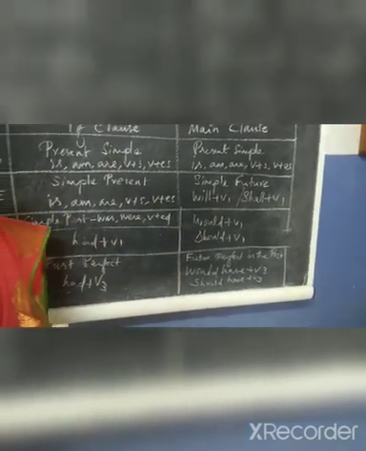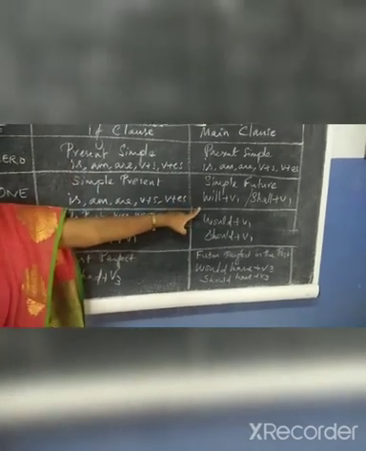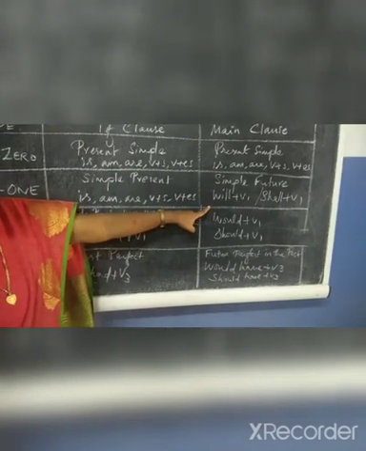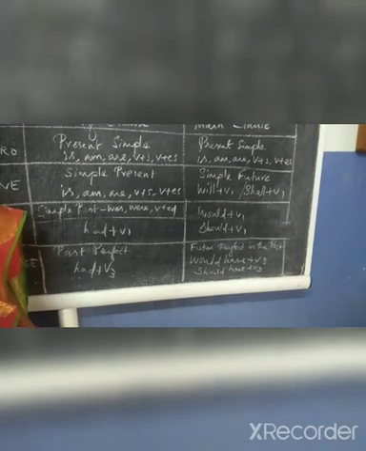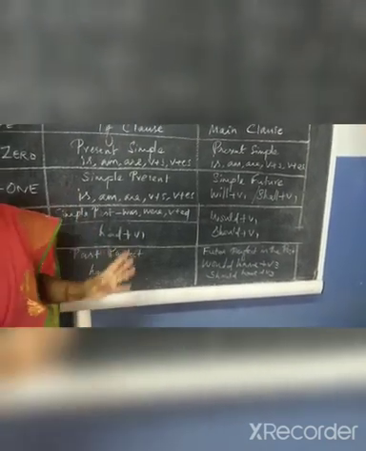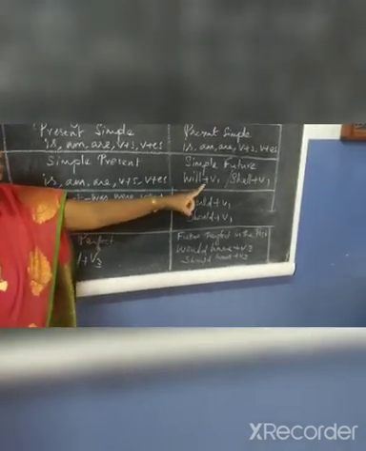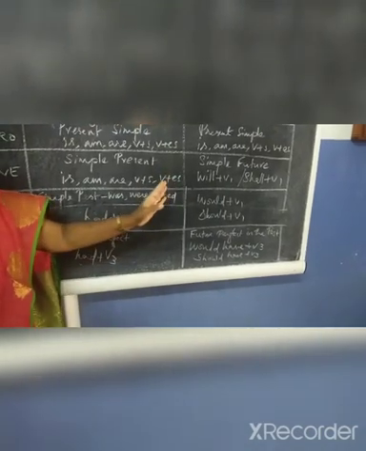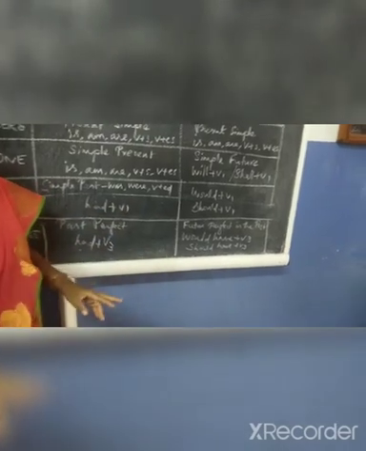Dear children, keep in your mind, when we use future forms like will, shall, can, may or might, they come along with the present form of the verb, not the past tense or past perfect. We must use simple future with the present form of the verb. Will go, shall go, like that we have to use. Will went, shall went are all wrong.